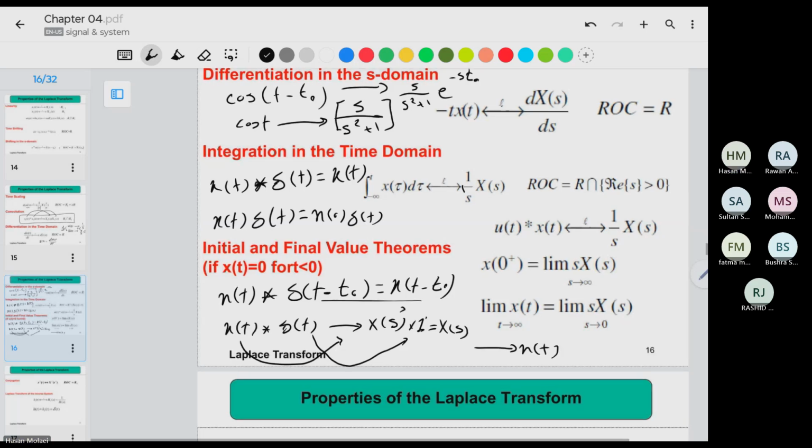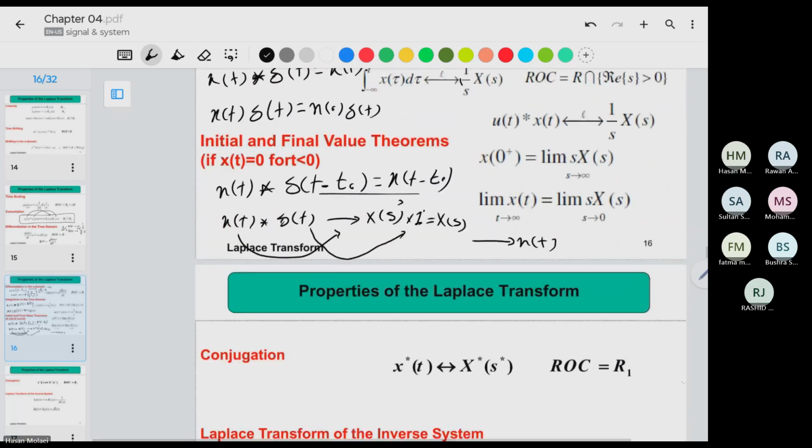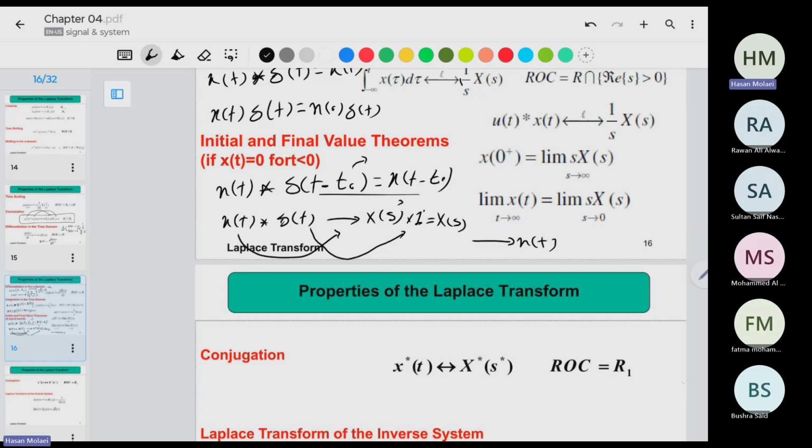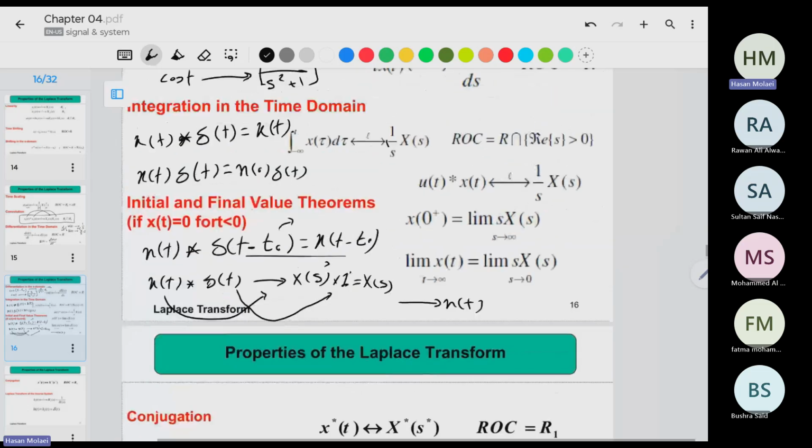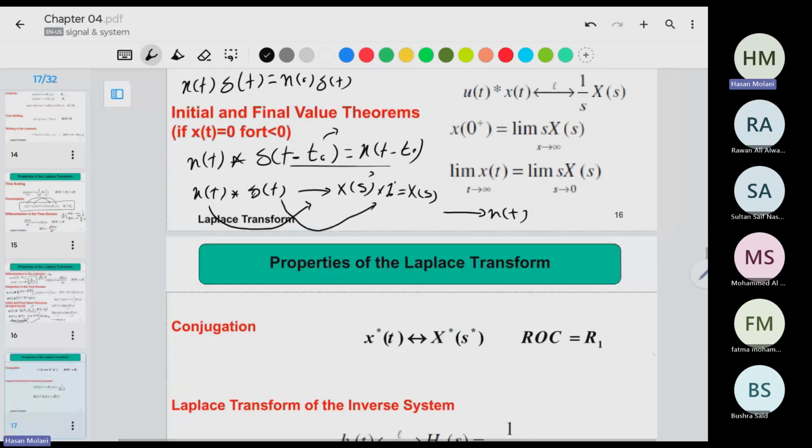Okay. Same for here. We need to multiply it by e to the power of minus s t0, which is going to be multiplied by X(s). So it would be x(t minus t0). How about u(t)?